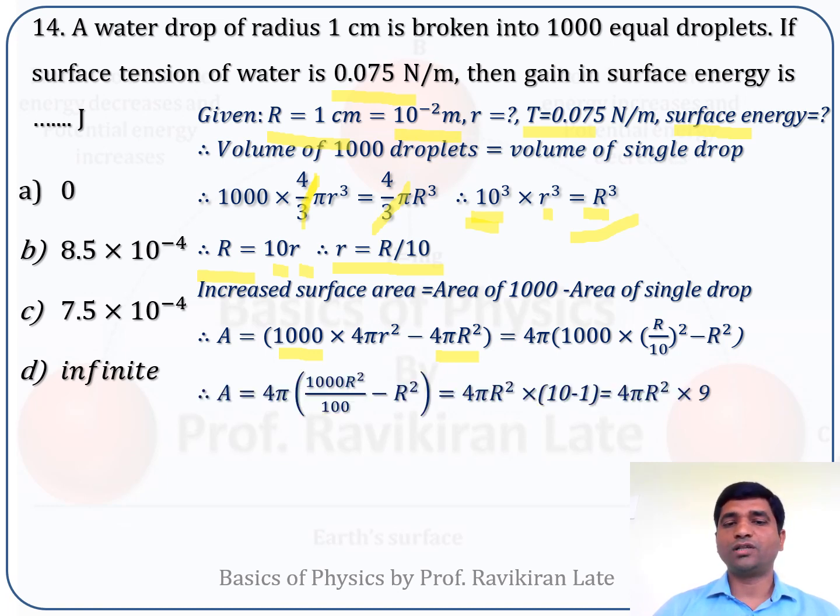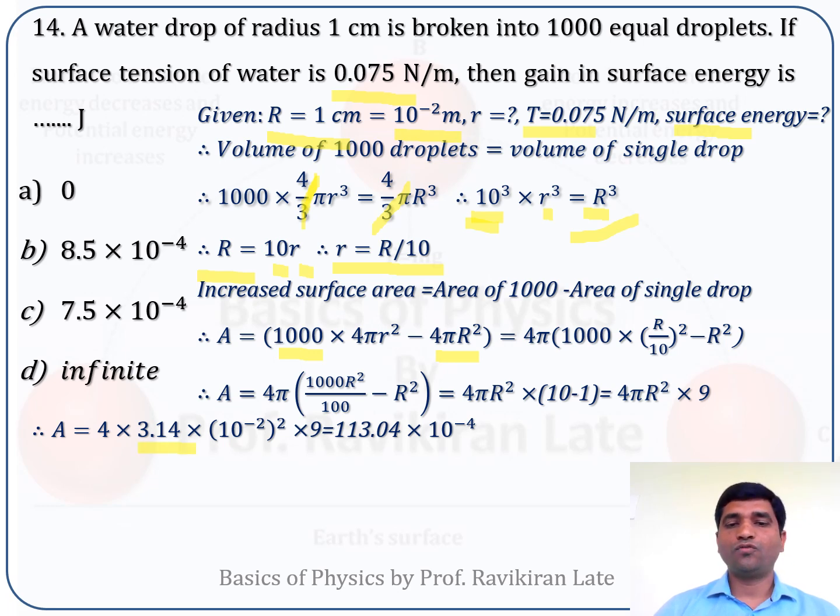And if I further simplify this, this 100, which is 10 square, I can divide this 1000 by this 100, which will come out to be 10. I can take this capital R square outside the bracket, so it will be 4 pi R square. Here you will get 10 minus 1, which is coming out to be 9. So to calculate the increase in area, I just have to substitute the value of pi.